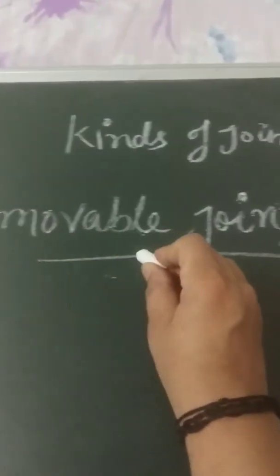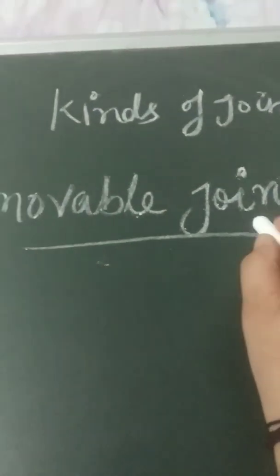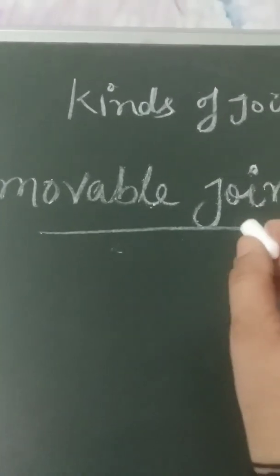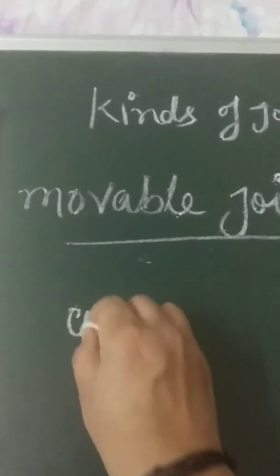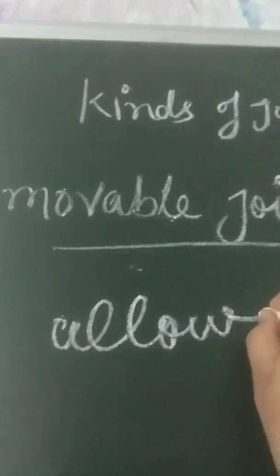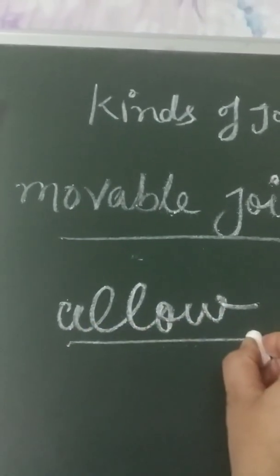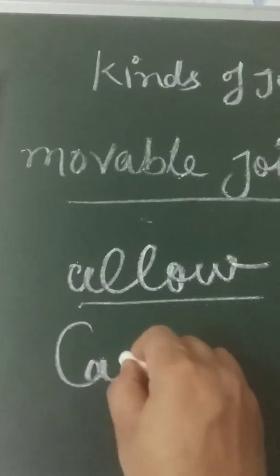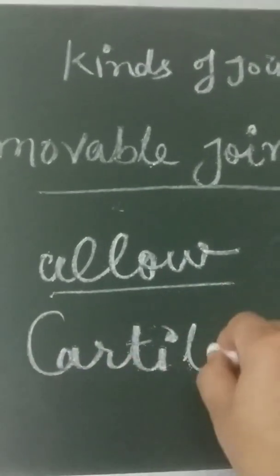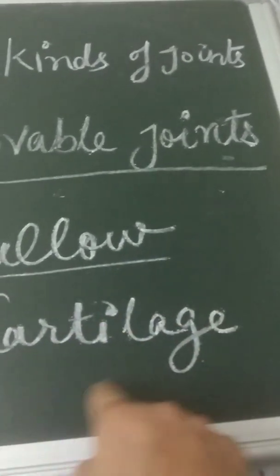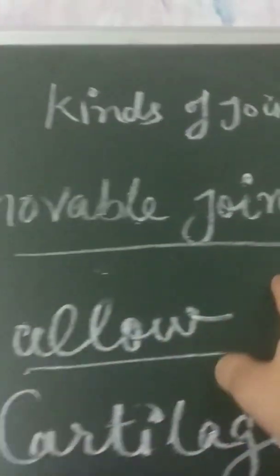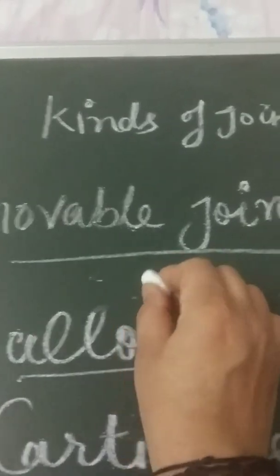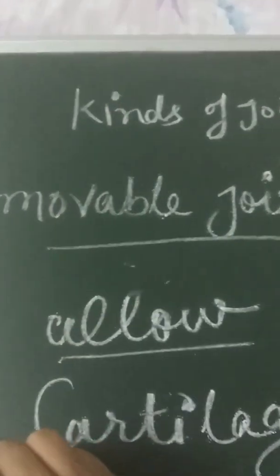Movable joints are joints that allow movements of the bones. And cartilage is present between movable joints.